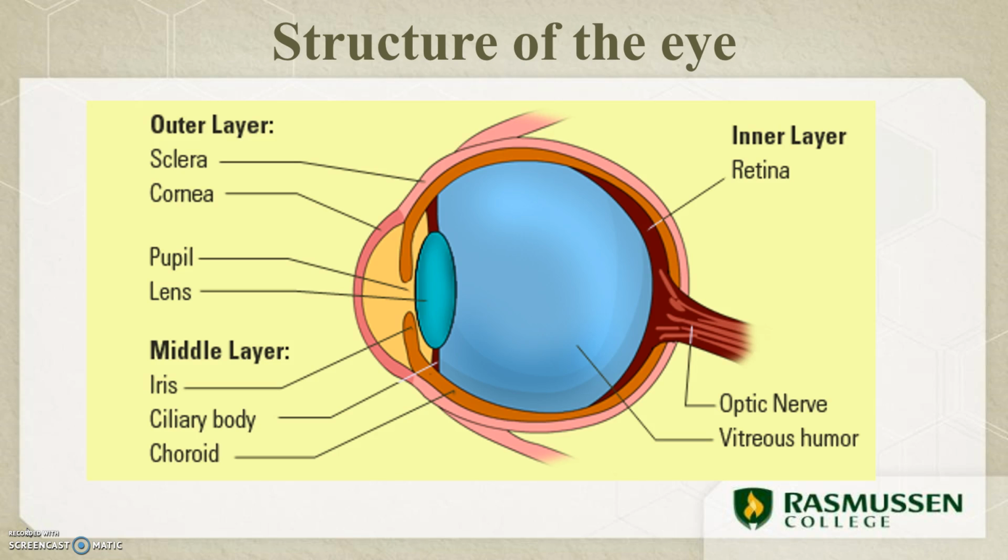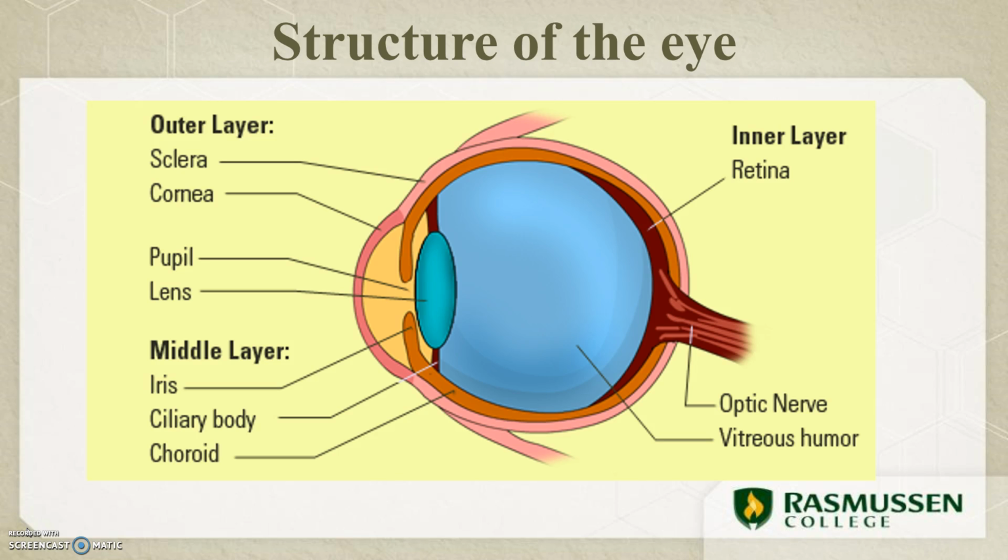Your conjunctiva is a mucous membrane that lines the underside of your eyelid and the anterior part of your eyeball. And the lacrimal apparatus is where your tears are produced, stored, and removed.